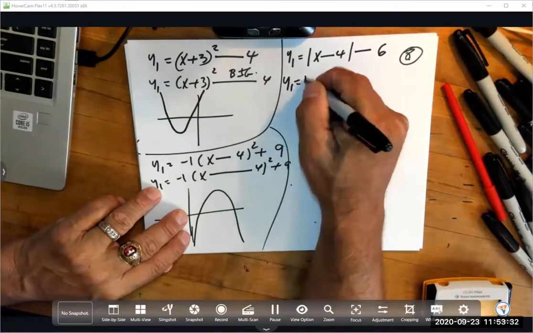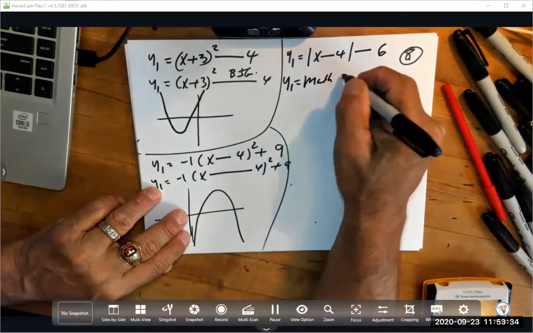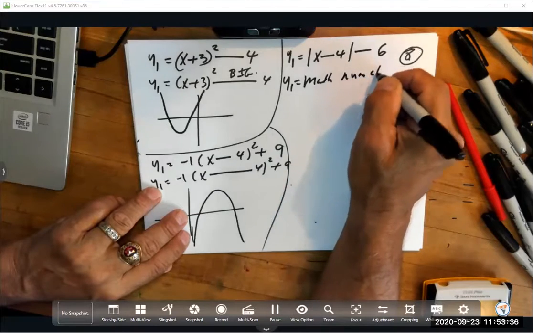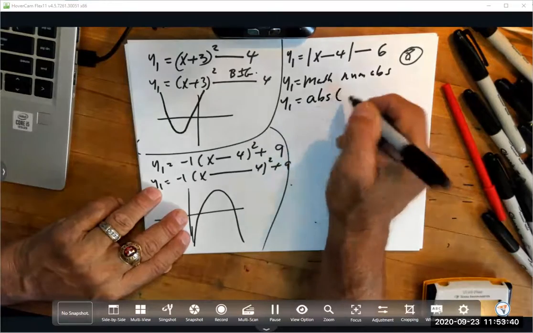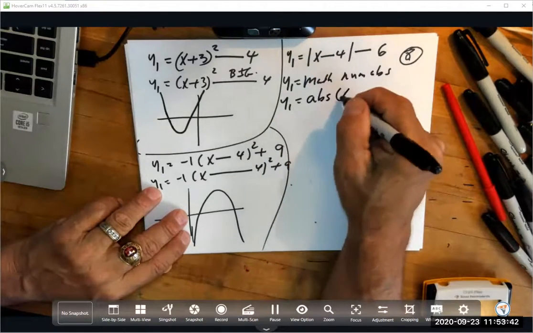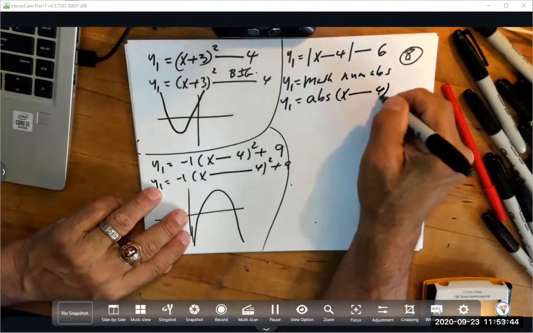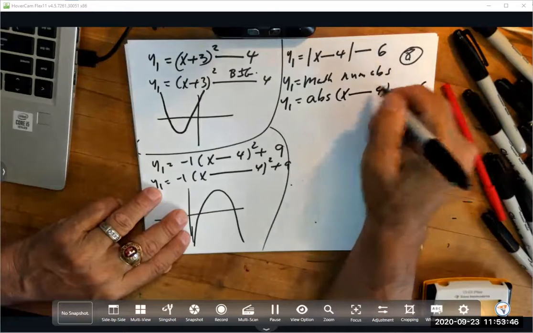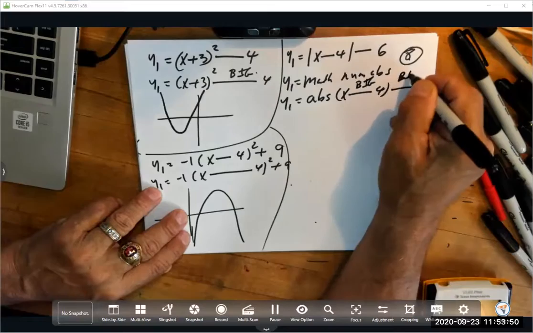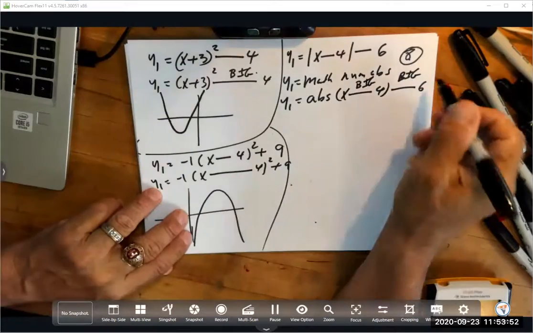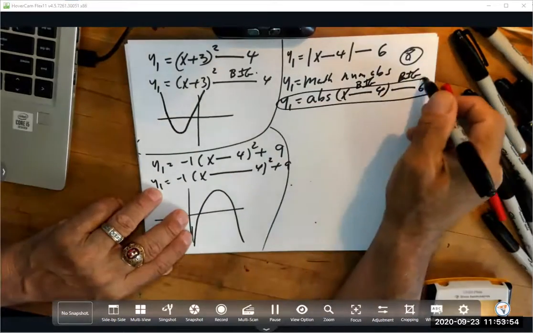So you're gonna go math, number, abs. So you might get this one here, ABS, maybe this one, or maybe that one. X, big minus sign 4, big minus sign 6. These are big minus signs. Big, big, like that. So it might look like this, or it might look like this.